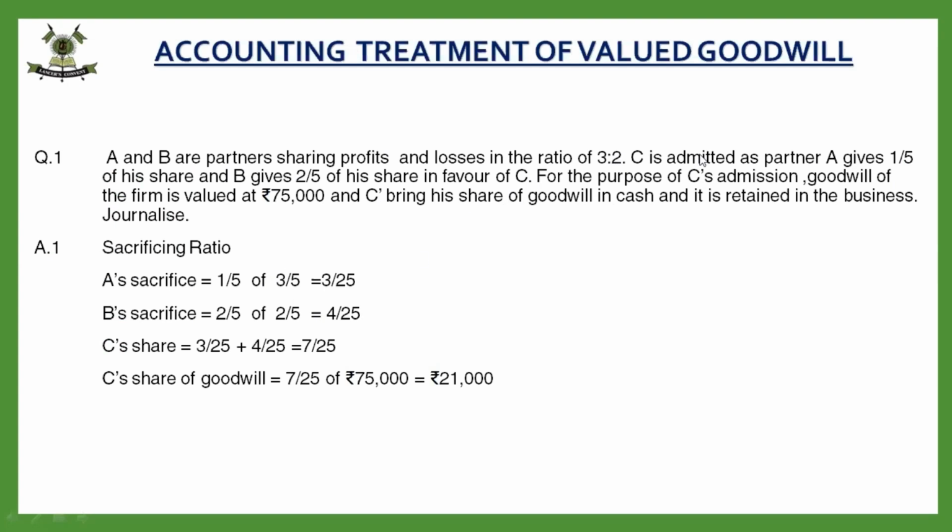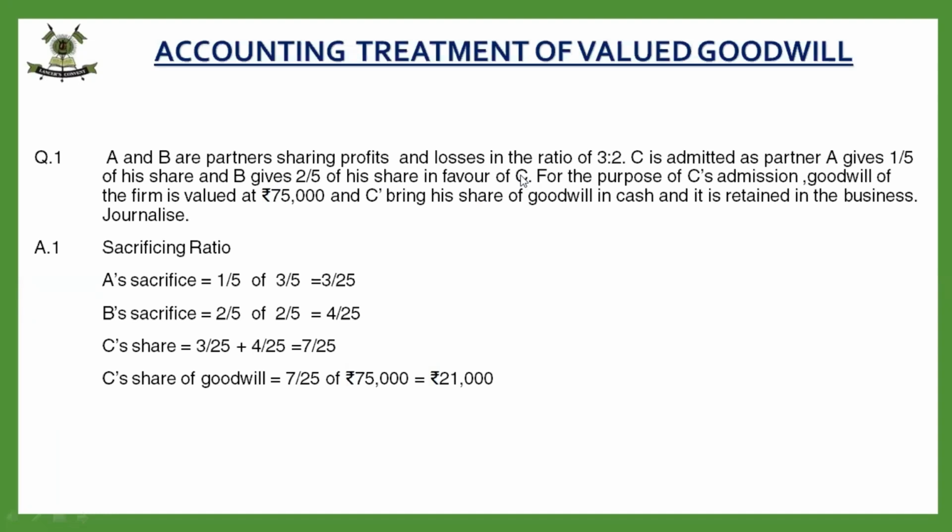I have taken the concept of gaining and sacrificing ratio also, and the goodwill is valued at 75,000. And C brings his share of goodwill in cash, and it is retained in the business.